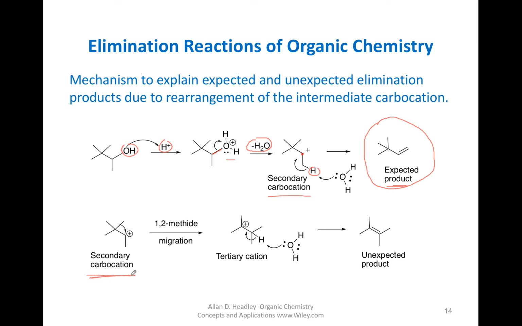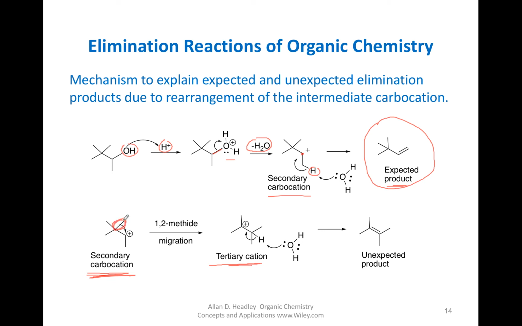Secondary carbocation. You will recall the stability of carbocations is that tertiary is more stable than secondary, which is more stable than primary. Since this is a secondary carbocation, it can be transformed into a tertiary carbocation by the migration of this methyl group with its electrons.